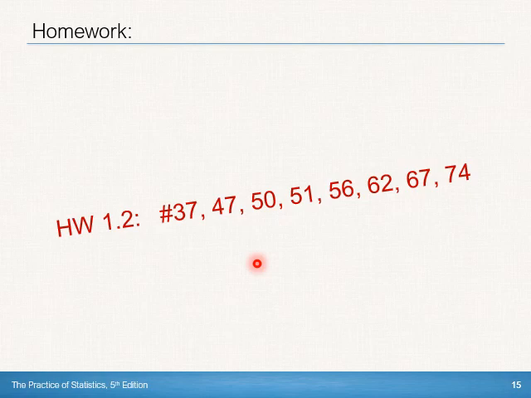So 37 is the first homework problem in section 1.2. The homework problem numbering continues as we go through the chapter. So you're starting with the first homework problem in section 1.2, it just happens to be number 37. And this homework would be due next class.